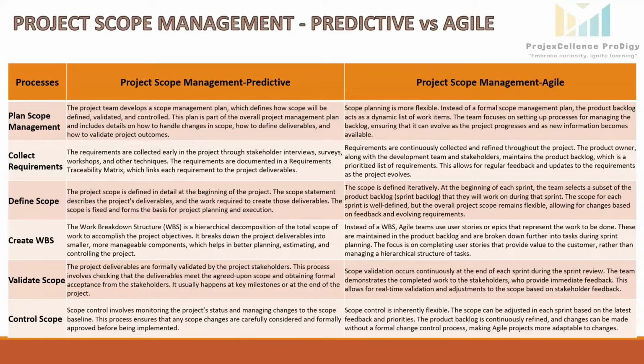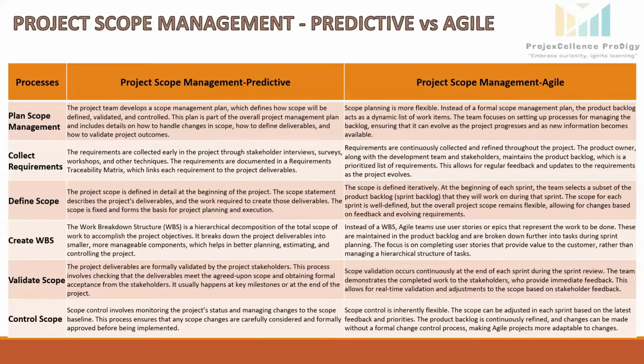Next process is create WBS, work breakdown structure. In predictive, the work breakdown structure is a detailed breakdown of all the work required for the project. It helps in planning, estimating, and managing the project tasks. In Agile, instead of a WBS, Agile teams use user stories or larger tasks.